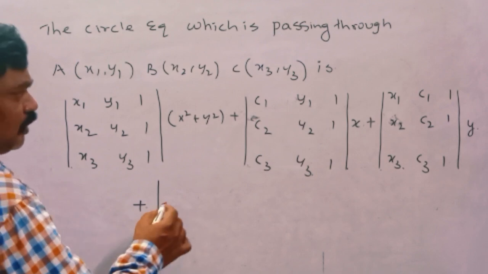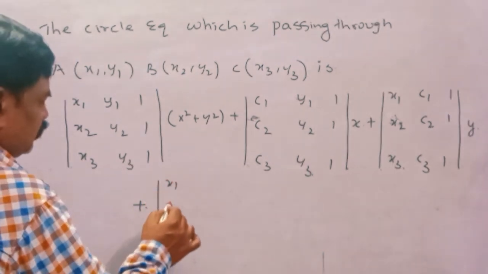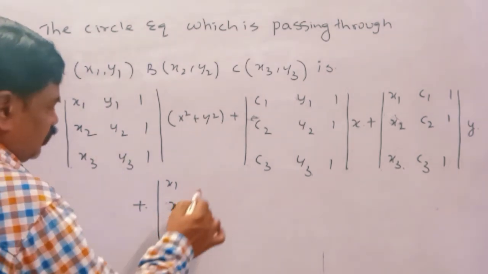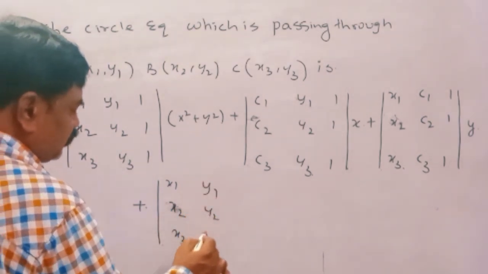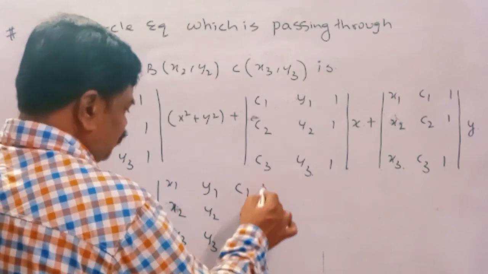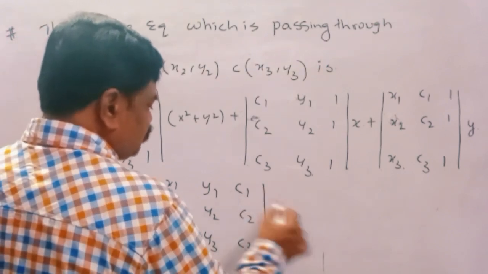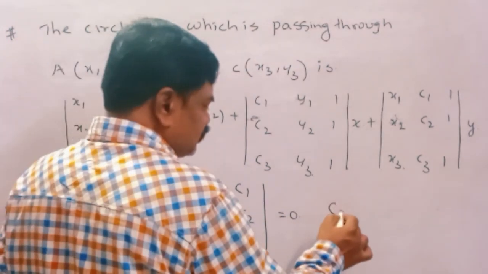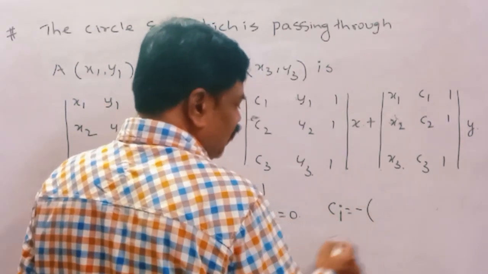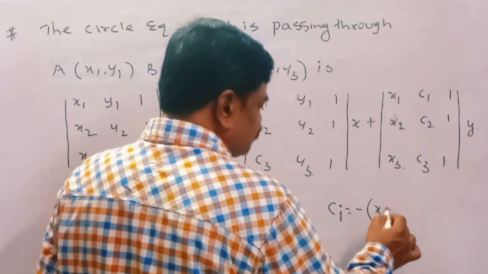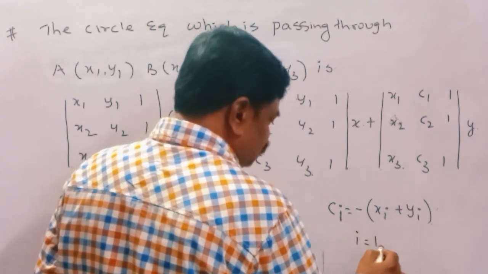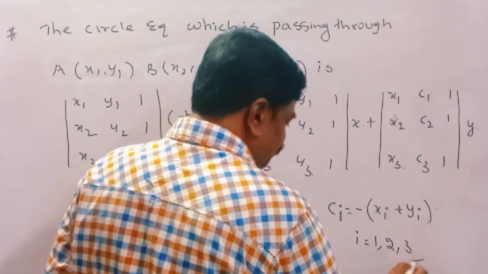determinant [x1 y1 c1; x2 y2 c2; x3 y3 c3] is equal to 0, where ci is equal to minus of (xi square plus yi square), i equal to 1, 2, 3.